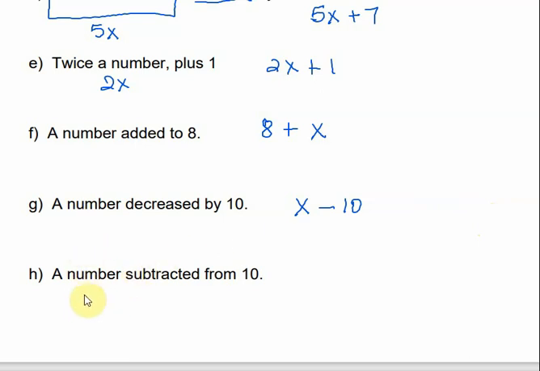Okay, even though we start with the words, a number, this number is subtracted from 10. So if we're going to take away something from a number, we have to start with that number before we can take away from it. So a number subtracted from 10, so we have 10 and we're going to take away a number from it.